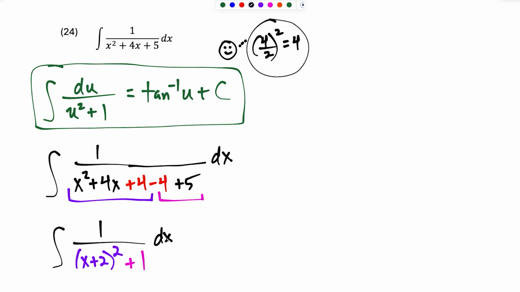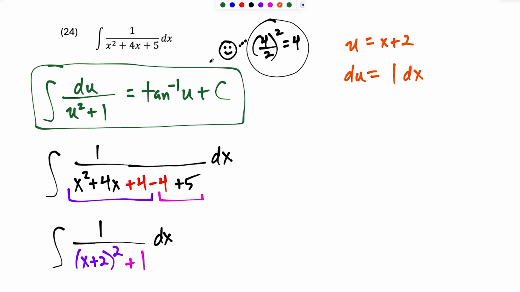So now we're ready to make our u substitution, but our u term is going to be the stuff inside parentheses being squared. So we're going to say next that u is equal to x plus 2. And then du, the derivative of x plus 2 is 1, and then I just tack on dx.